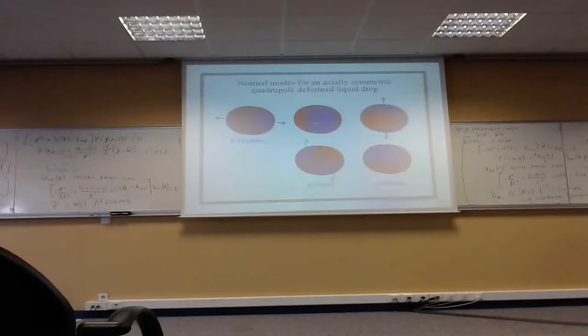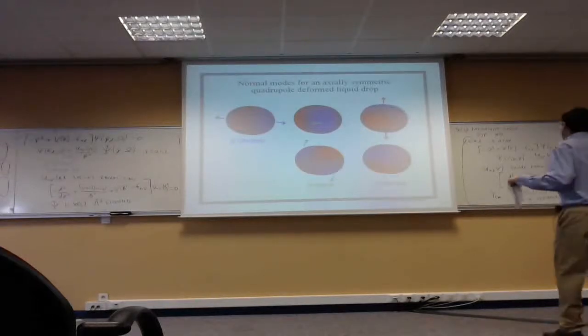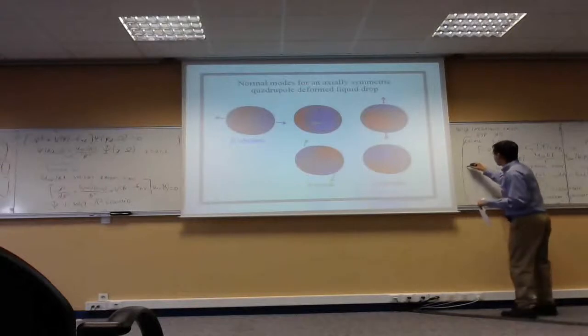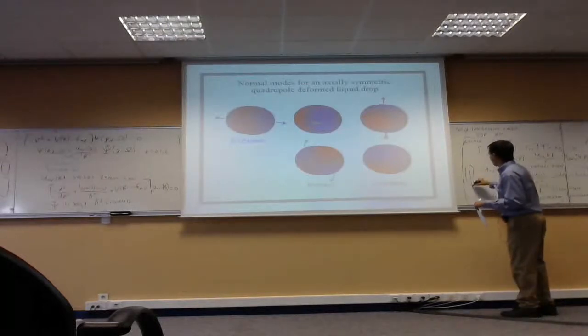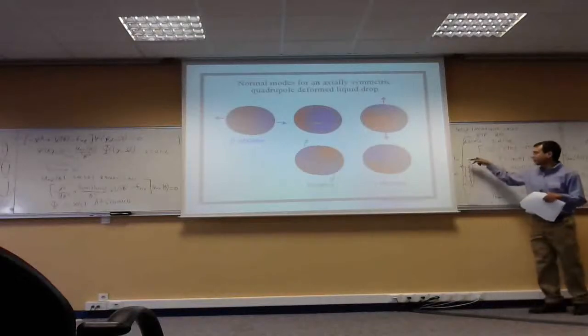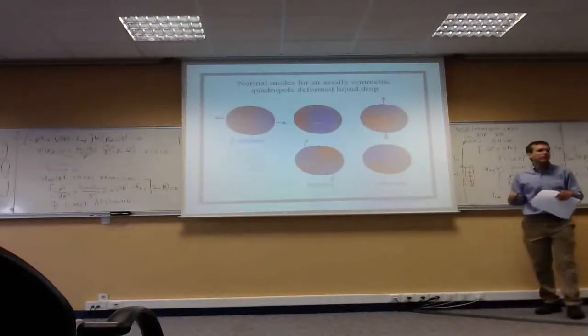But the way things are normally treated instead, the basic issue is, in 3 dimensions, an SO3 representation is pretty straightforward. If you have the representation L, you'll have M equals minus L up to plus L, and so you can label all the states just with one projection quantum number.